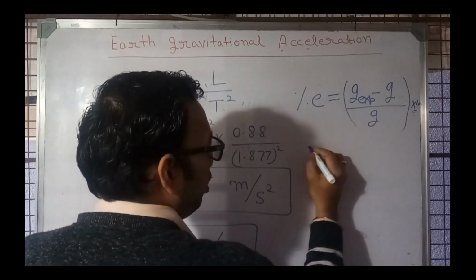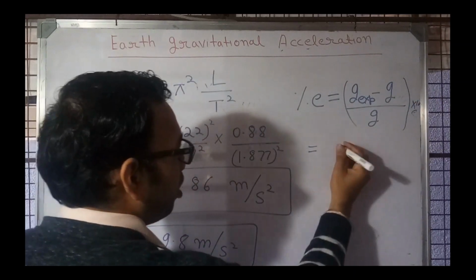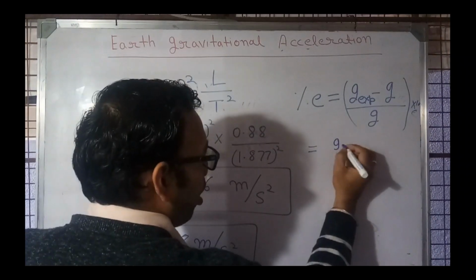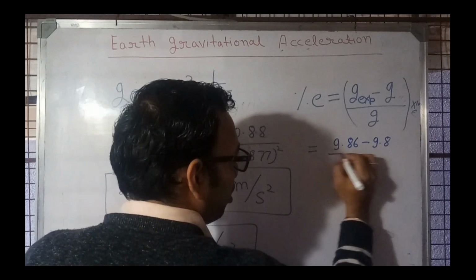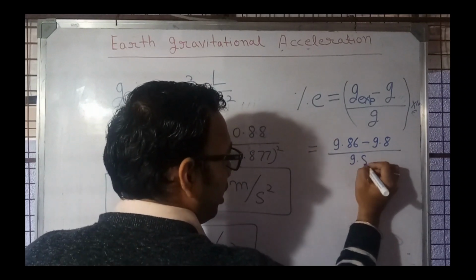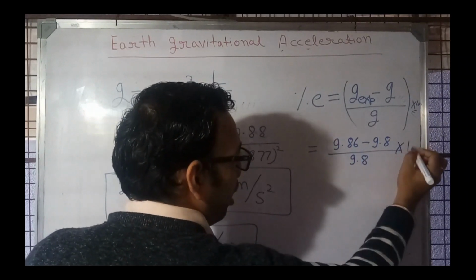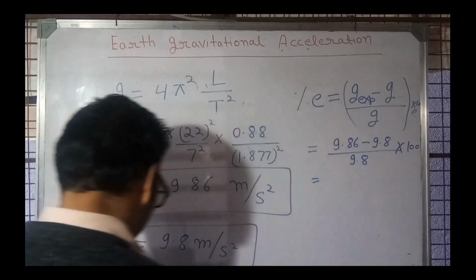So that is 9.86 minus 9.8, divided by 9.8, multiplied by 100.